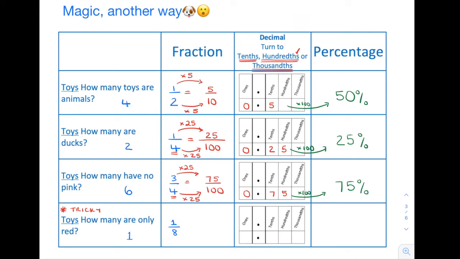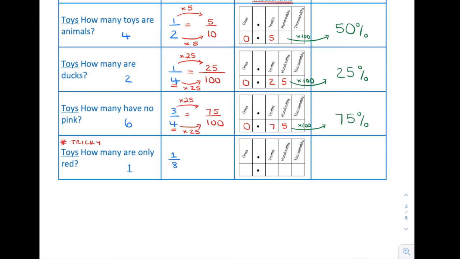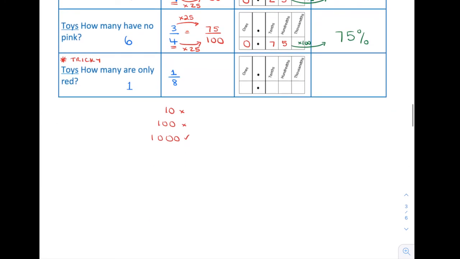So in a similar way as we did before, ask yourself, does 8 go into 10? Well, not exactly, no. Does 8 go into 100 exactly? No. 1,000? Yes, it does. Now I happen to know that and you'll get to know that, but just to check, do your bus stop.